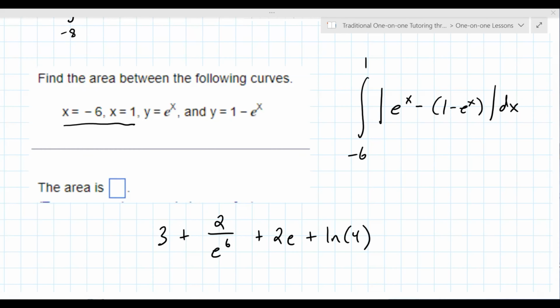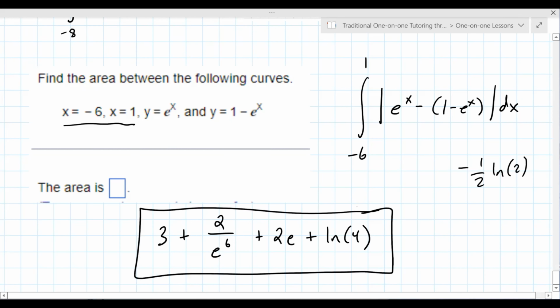So this one intersects at minus 1/2 natural log of 2, something like that, or natural log of 2, and that's why this ln is in there. So yeah, this is okay. Just be careful entering that in. 2 over e to the 6 plus 2e plus natural log 4. Yep. All right. Okay.